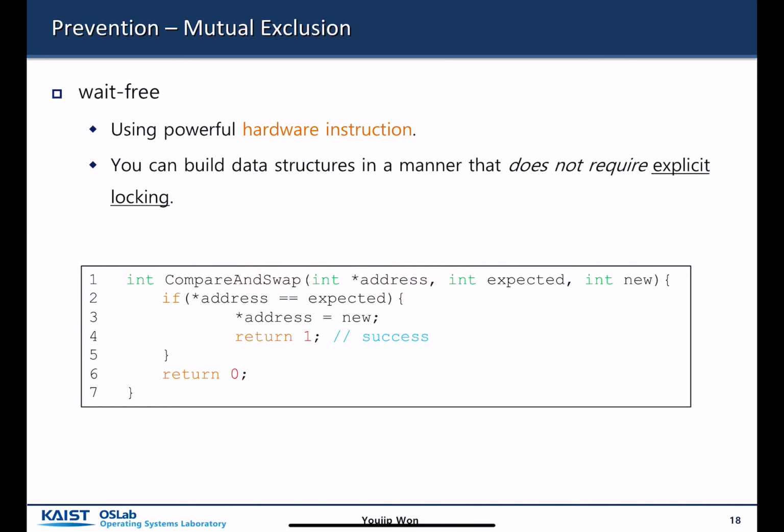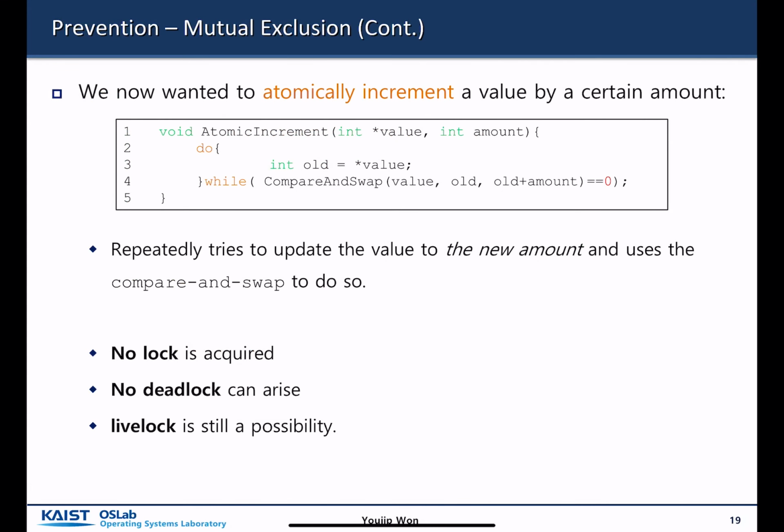Let's consider the following scenario. We can use a lock-free primitive to atomically increment a value by a certain amount. Consider the following function, atomic increment. It has two parameters. The first one is the address of the memory, and then the amount. What you'd like to do is increase the value of the memory by the specified amount.